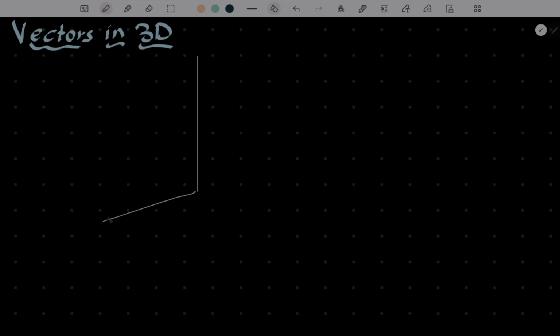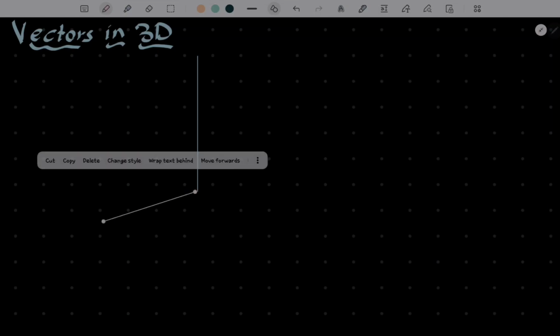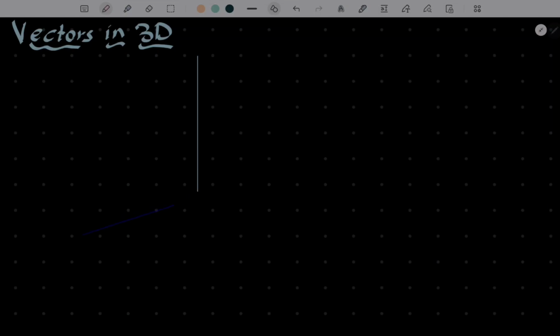So this is left, for me, the person that's drawing, it has to be the left side. Now we have the y-axis towards here. So this is how you can basically draw the basic bone structure of the vectors in 3D.